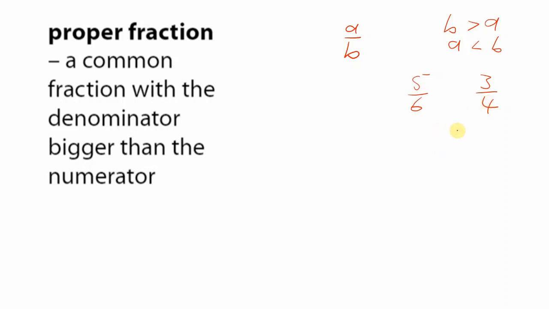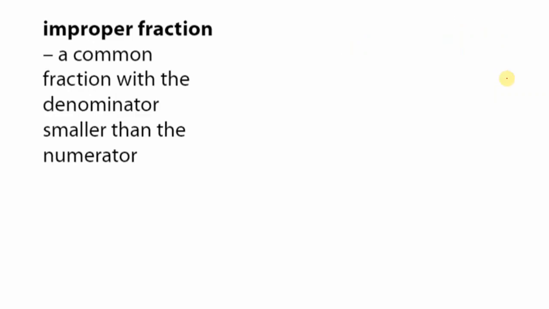So 7 over 3 is not a proper fraction because the top, the numerator, is bigger than the denominator. An improper fraction is a common fraction with the denominator smaller than the numerator. So it's now just the opposite way around.